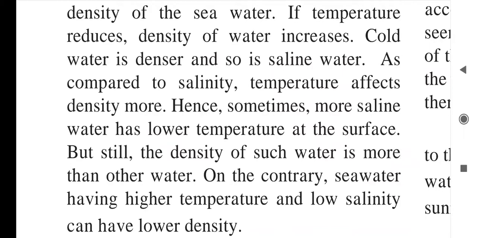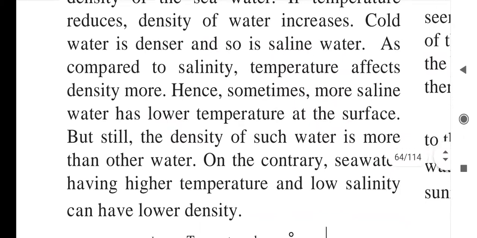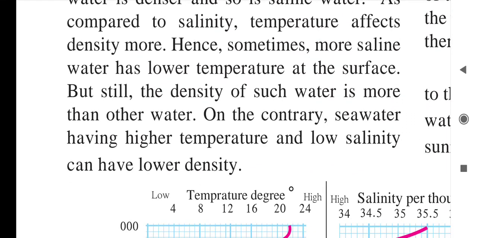On the contrary, seawater having high temperature and low salinity can have lower density. So if temperature is high and salinity is low, density will be lower, and if temperature is less and salinity more, density is also more.